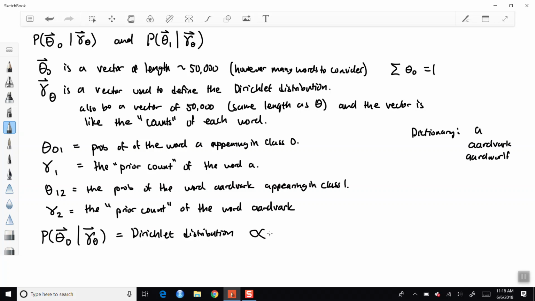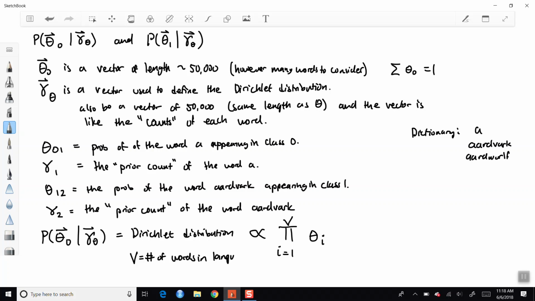It's going to be proportional, there's a normalizing constant, but it's proportional to a product over theta I, where I goes from 1 to capital V. Capital V is the number of words in consideration.